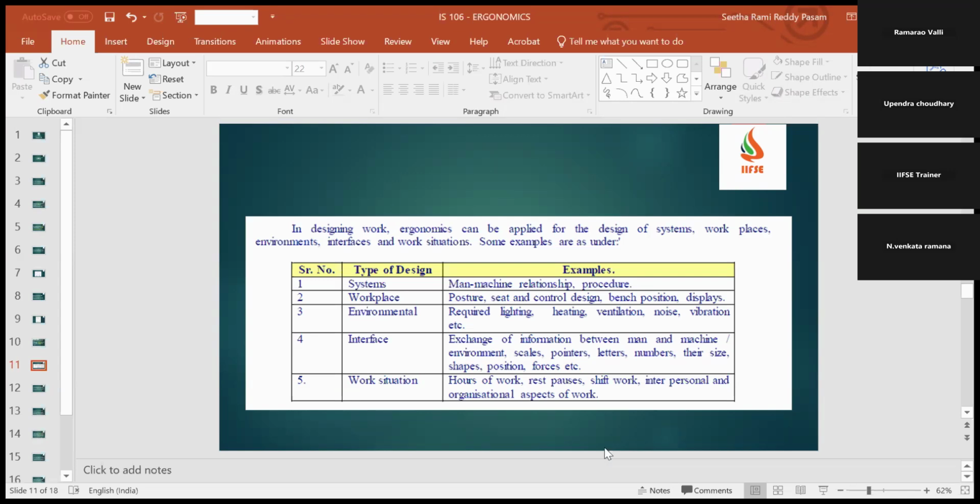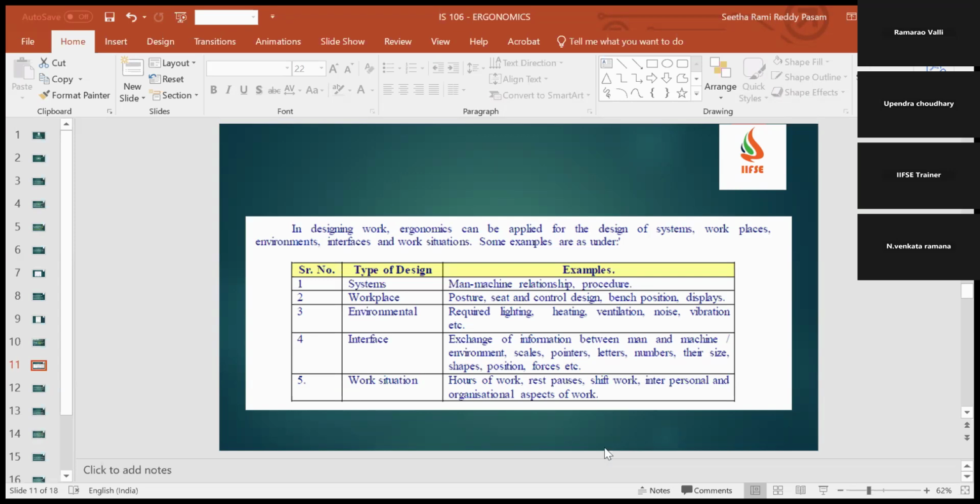Displays will be at what height, bench position, and control design at what level or height it has to be. Then seats and posture, meaning in which position they are going to work. Then the interface, the exchange of information between man and machine.